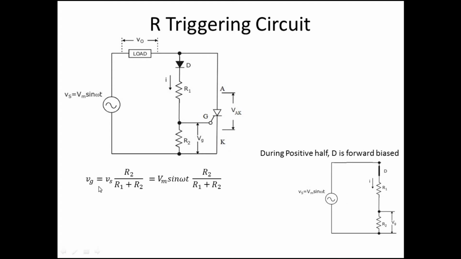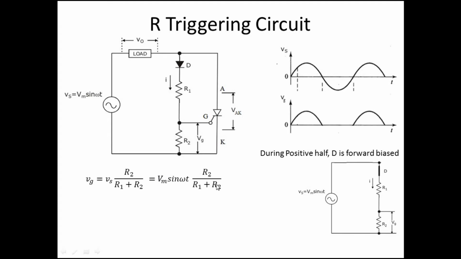So this is Vs, and it is only during the positive half. In the negative half, the diode is reverse biased, no current is flowing, and Vg is 0. So during the positive half, the gate voltage is a sine wave with magnitude Vm into R2 by R1 plus R2.